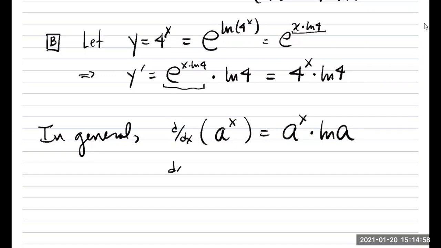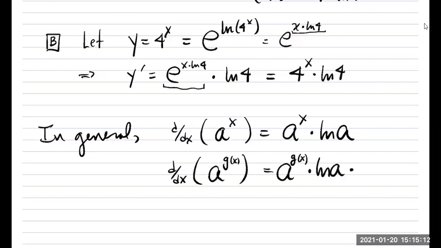And by the chain rule, the derivative of a to a function is itself times the logarithm of its base times the derivative of the exponent. Okay, it's a natural extension of the chain rule.